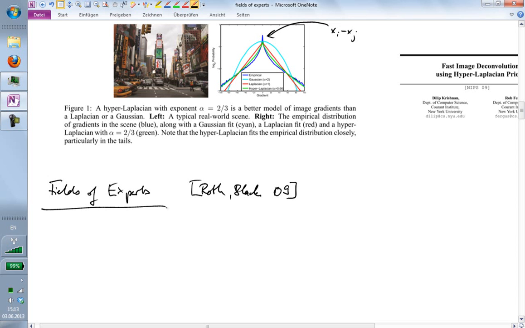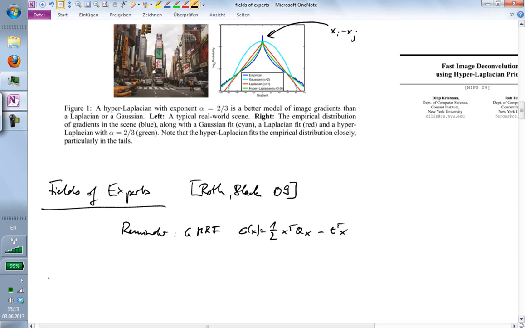I will start by simply writing down the energy function. So just for comparison and as a reminder, for the Gaussian Markov random field, it's something like this.